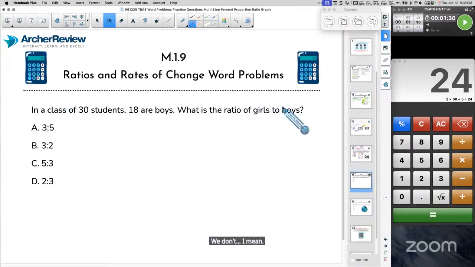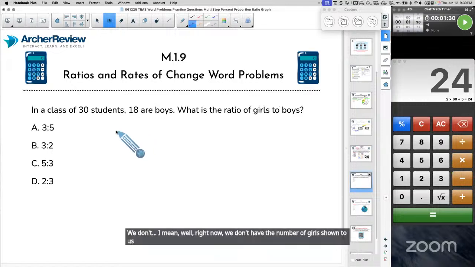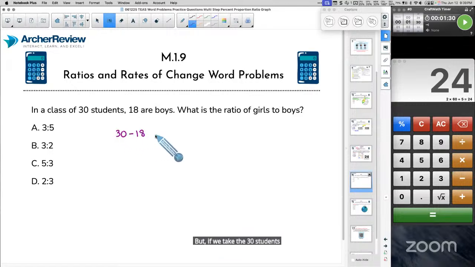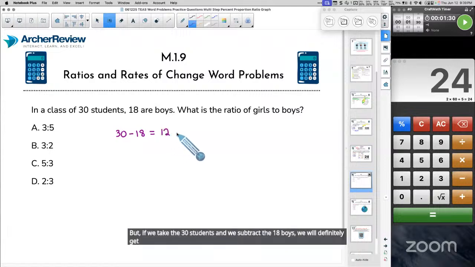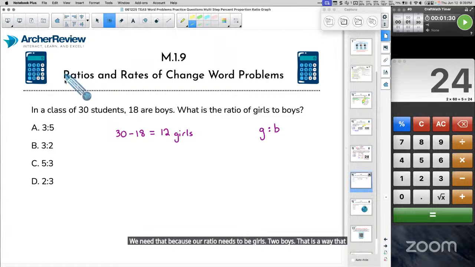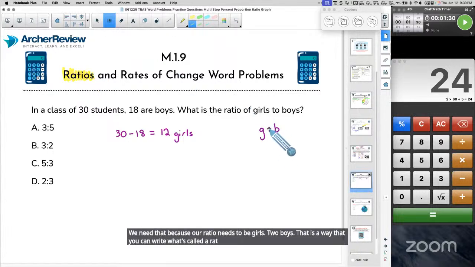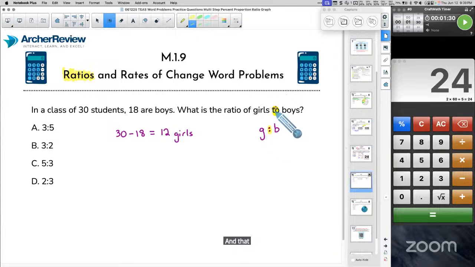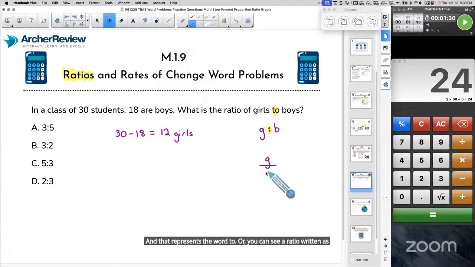Well, right now, we don't have the number of girls shown to us. But if we take the 30 students and subtract the 18 boys, we will definitely get the number of girls: 12 girls. We need that because our ratio needs to be girls to boys. That is a way that you can write what's called a ratio. A ratio has a colon, and that represents the word to, or you can see a ratio written as a fraction where the order is important.